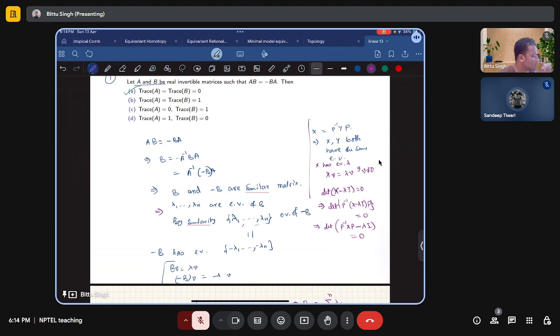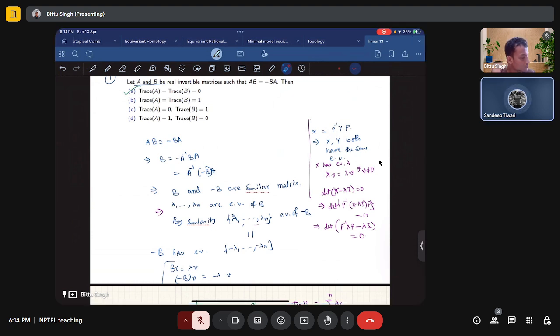Maybe my earlier argument is wrong, because corresponding to that V, the problem is that P inverse AP times that V may not give the same thing. If lambda and lambda dash are distinct, then the eigenvectors are linearly independent.